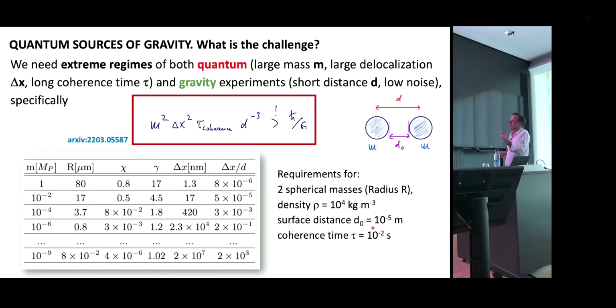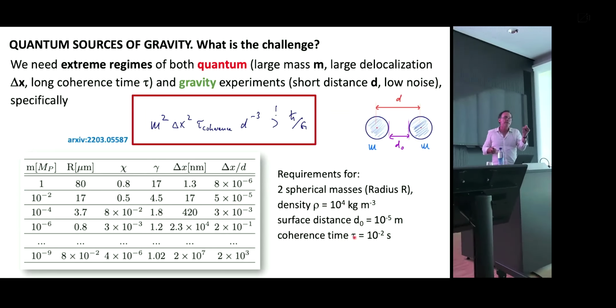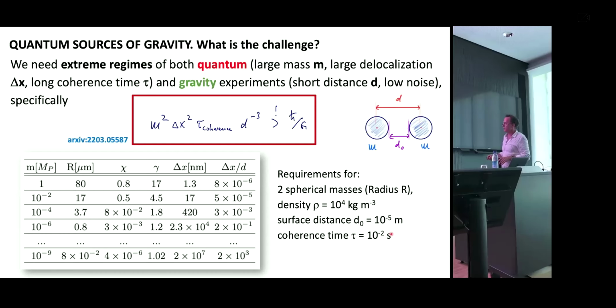I say that the surface distance between the two is on the order of 10 micron. I don't want to make it closer because many other effects will happen, and I want to put a Faraday shield between them to shield the interactions. And I fix my coherence time to 10 milliseconds.